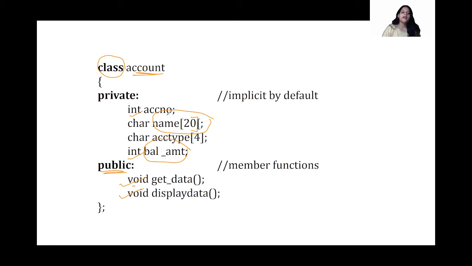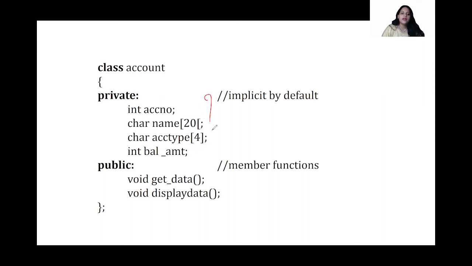Now remember, if there is a situation where I have not mentioned private or public, then by default all of them are going to be private. This is very, very important, can come for one more question. So what is that? By default, the access specifier in C++ is private. If you have not mentioned any access specifier, then by default all the data members and member functions come under the private access specifier.